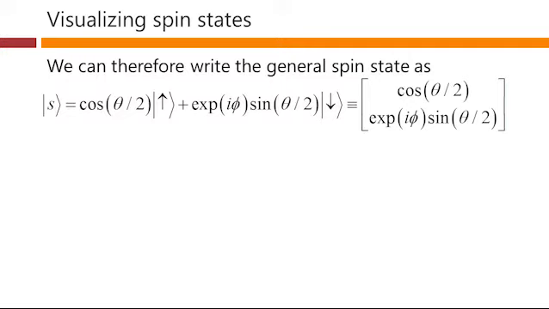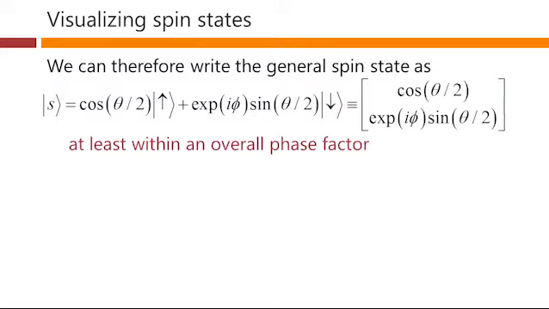Now, for the moment, we have not ascribed any physical meaning to theta and phi, although we will find out that they do have a physical meaning. And this is a spin state we could write down, a general one, at least within some overall phase factor. We could choose to multiply this whole state here by some other unit complex number. But we won't need to do that here, and we will understand we could do that if we needed to.